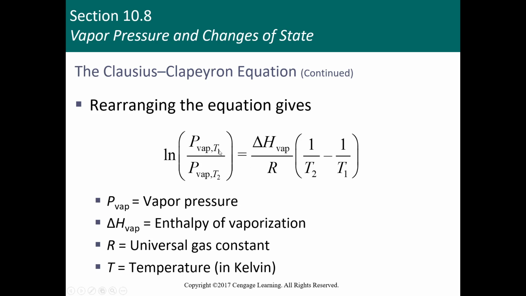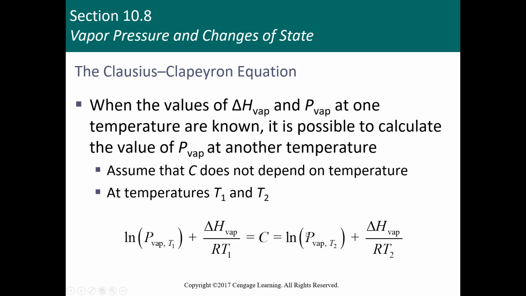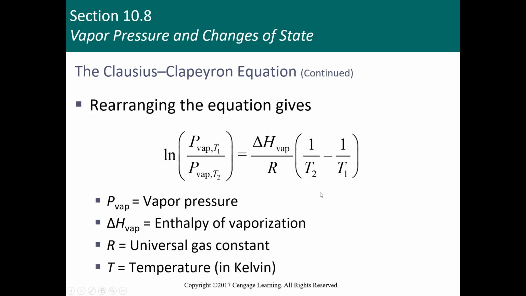But we can rearrange this further to make it simplified, faster to use. You can derive it yourself if you need to. So what we do is we take the natural logs and subtract this over on the other side, so we get the natural logs all on one side and the delta H all on the other side. And this gives us the natural log of the vapor pressure at the first temperature divided by the vapor pressure at the other temperature.